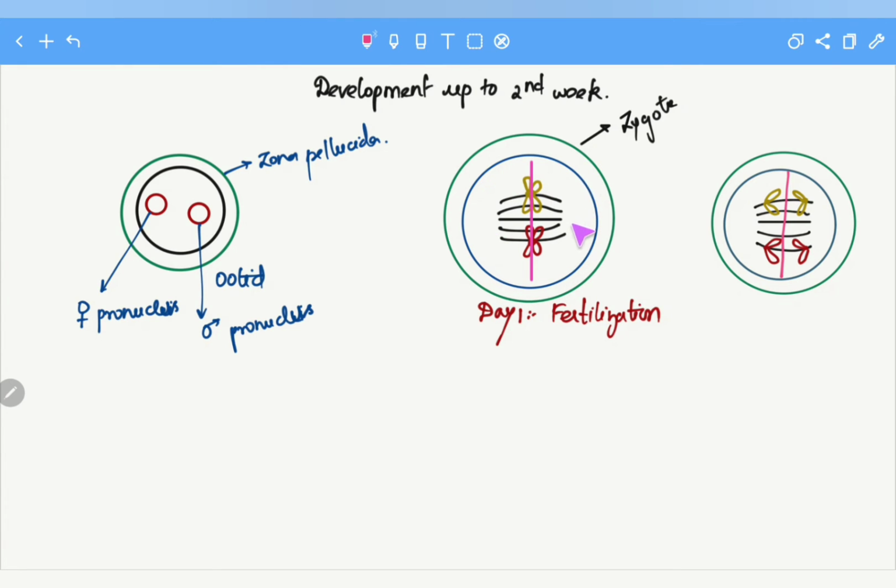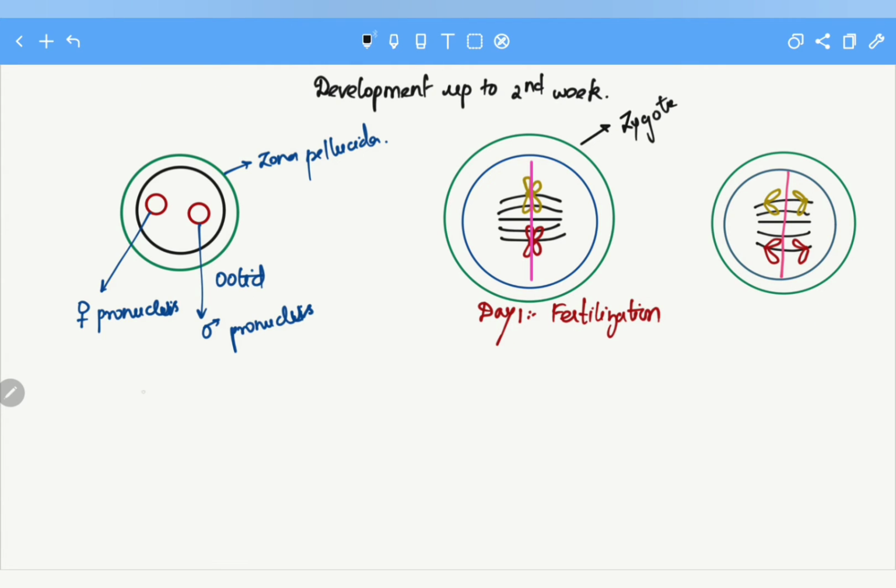So on the first day of fertilization itself, it prepares for cleavage. As the longitudinal division starts, the sister chromatids move towards opposite poles and a cleavage furrow arises in the middle. So this is what happens on day 1.